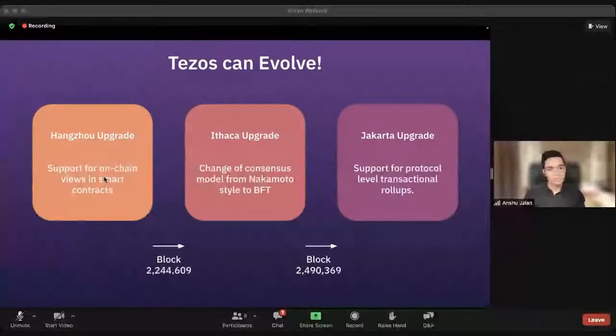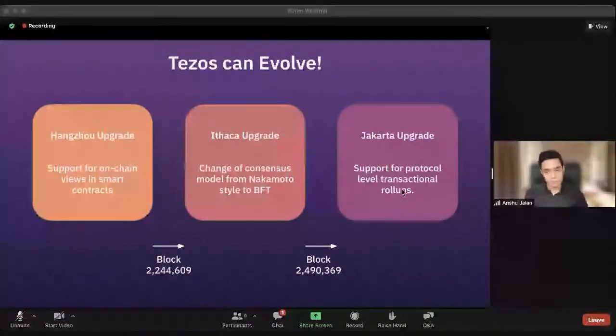And below the names, I have the features that were introduced in the upgrades. The last 2 were really important because in the Ithaca upgrade, we changed the consensus model from a Nakamoto style consensus to a Byzantine fault tolerant like consensus. And this is very similar to what happened with Ethereum, a change of consensus protocol. Then in the Jakarta upgrade, we introduced transactional rollups. This was something called protocol level rollups.